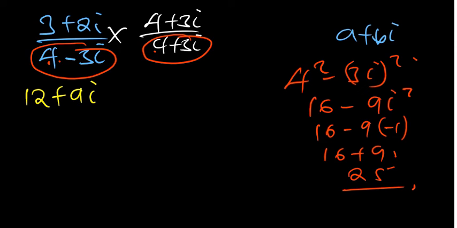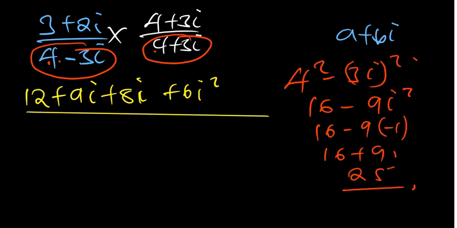I'll go to the next one, which is 2i times 4, which is going to give us plus 8i. Next, 2i times 3i, I'm going to end up getting plus 6i squared.